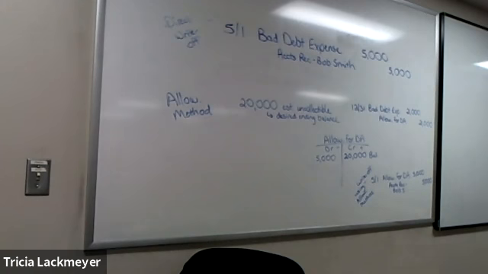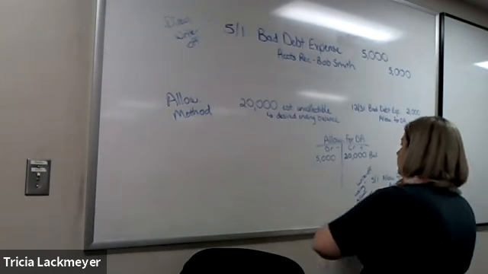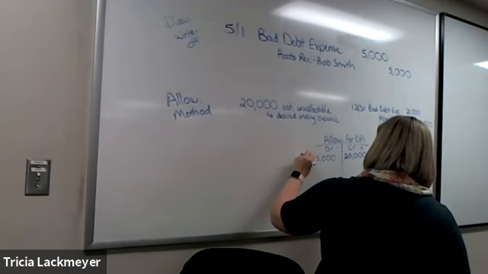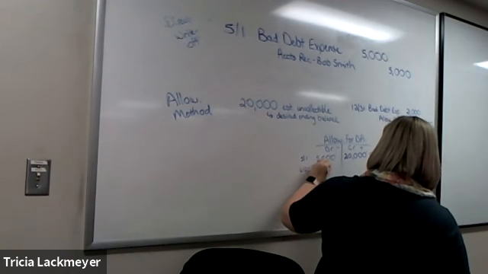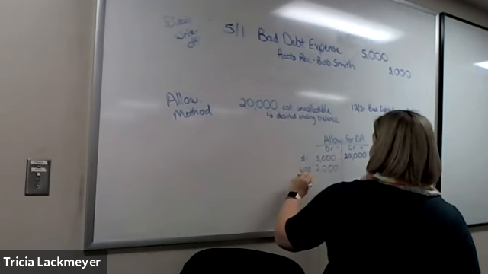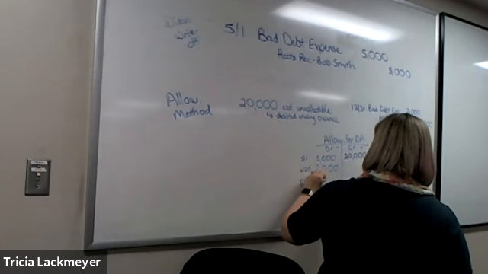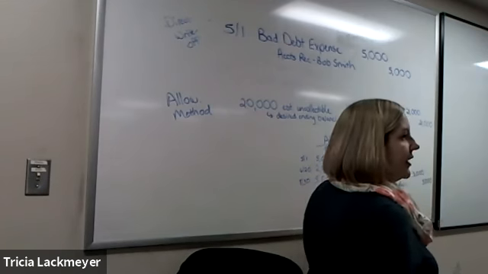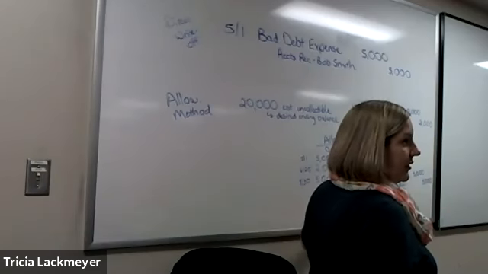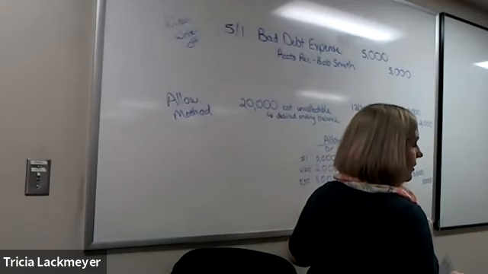Say that was May 1st. Then maybe June 20th, we wrote off 2,000. And then August 30th, we wrote off another 5,000. We would just keep writing it off. And so at the end of the current year, we're going to have a new balance.